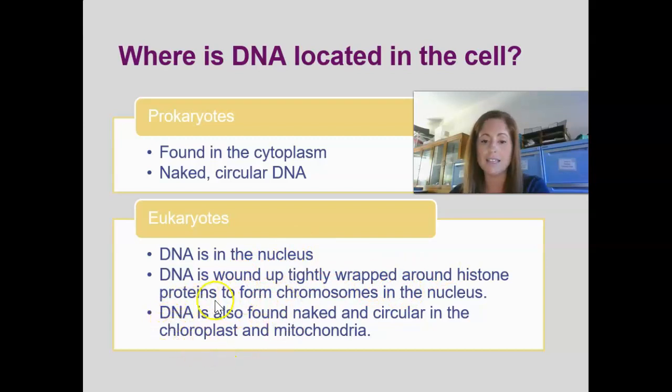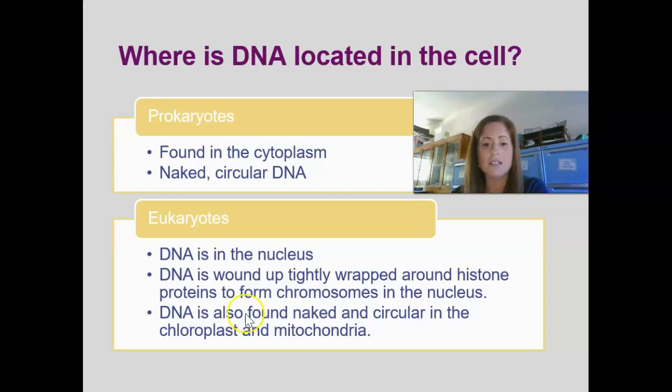And then lastly, we will have DNA in our cells that is not in the nucleus, but is in the mitochondria in humans or in any animal or plant, but plants specifically also have DNA in their chloroplast. That DNA is also naked and circular and is really evidence for the endosymbiotic theory in evolution, which we'll get into later.